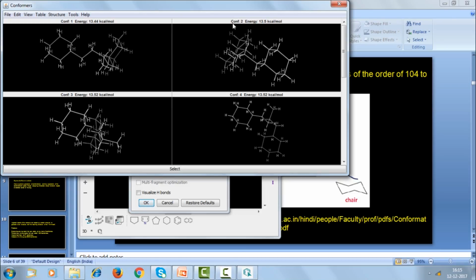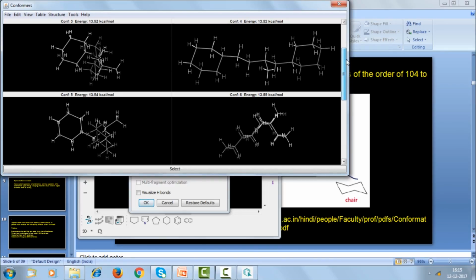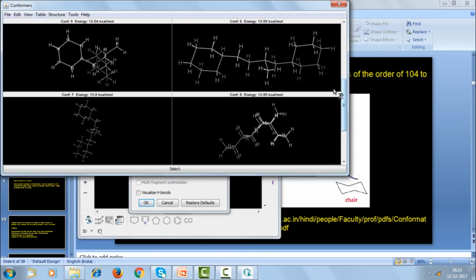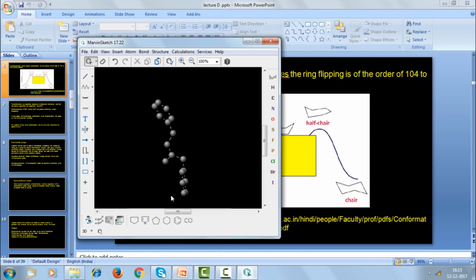We see 13 kilocals, 13.5, 13. Some of them are good, 14. So you get different conformations, but most of them are almost the same, with very little differences, because the software tries to minimize the energy.